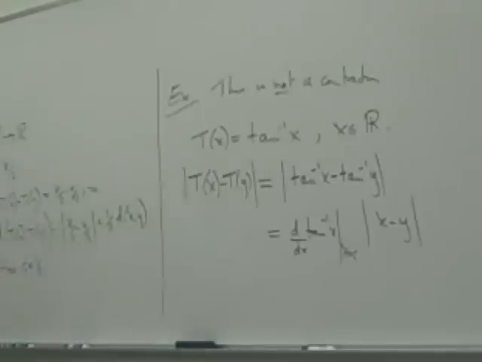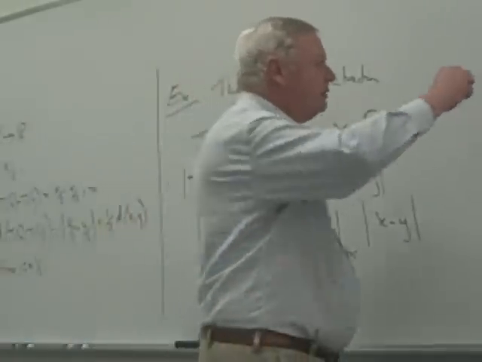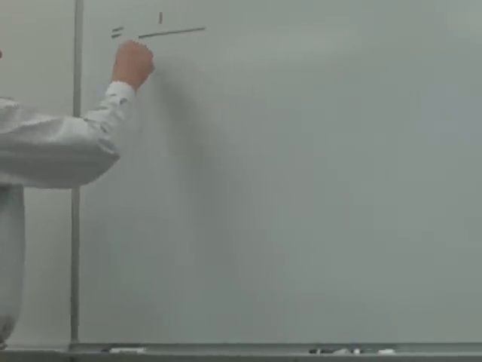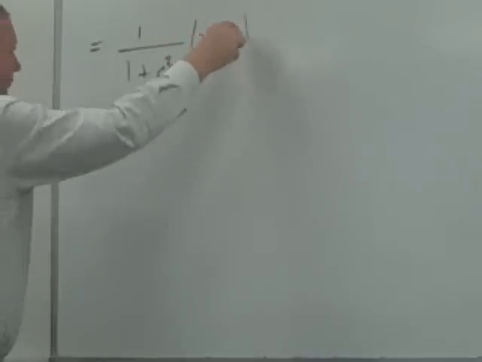It says the difference between f of x and f of y is the derivative at some intermediate point times the absolute value of x minus y. The derivative of inverse tangent is 1 over 1 plus x squared, so this is 1 over 1 plus c squared times the absolute value of x minus y.